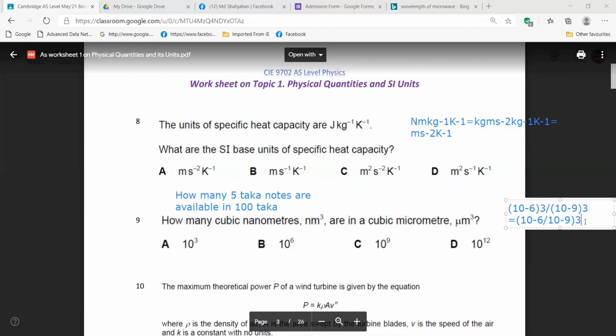So it's coming 10 to the power 9, right? The one you said, 10 to the power 9, is correct. So you got it right? It's clear? Yes, sir. Okay, very good. You took the notes? Yes.